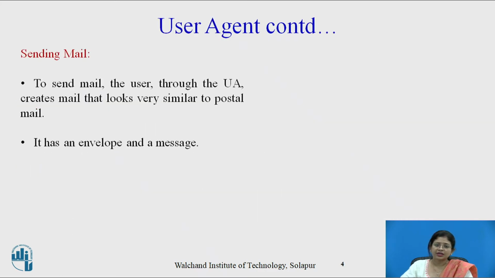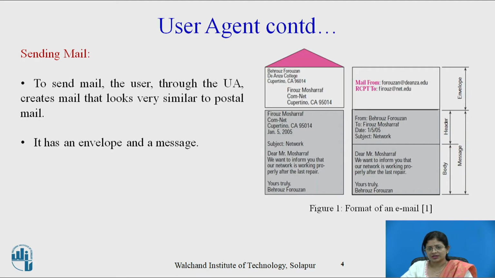Now user agents are used for sending mail. To send the mail, the user, through the user agent, creates a mail that looks very similar to postal mail, and it has an envelope and a message. Look at this diagram, in which the comparison of postal mail and email is given.